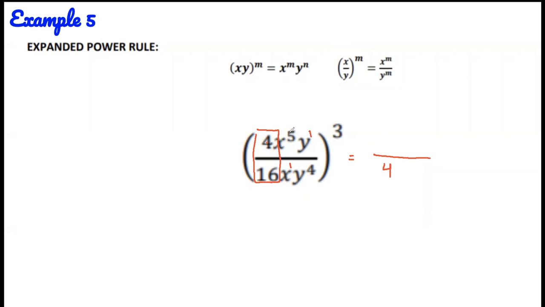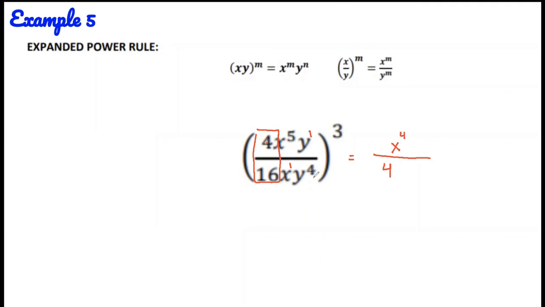I have x to the power of 5 and x to the power of 1. I know I have to subtract these two. I get 4 left over. 5 is the bigger exponent, so I leave x to the power of 4 above. Now here, I have y to the power of 1 and y to the power of 4.